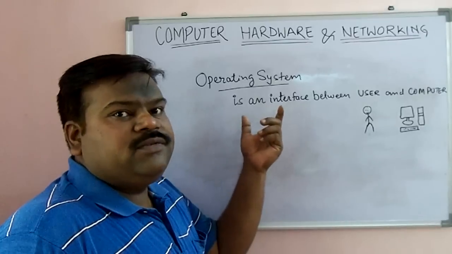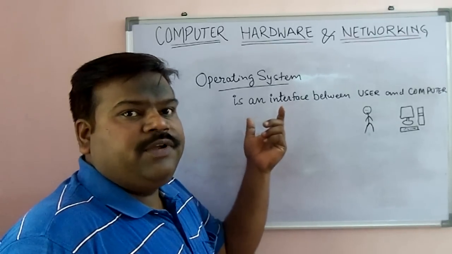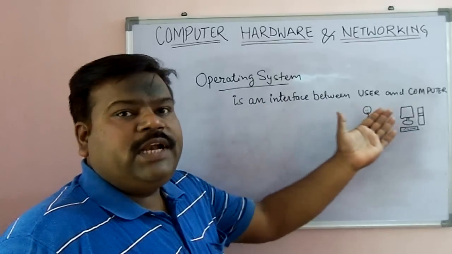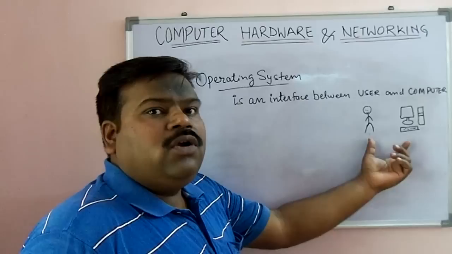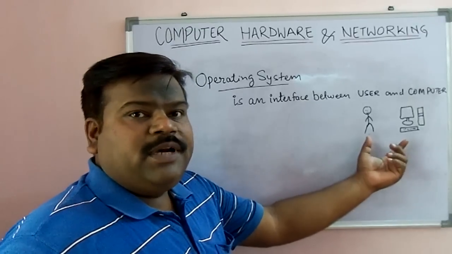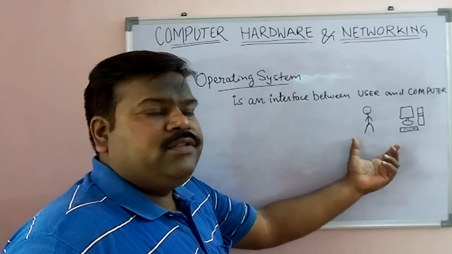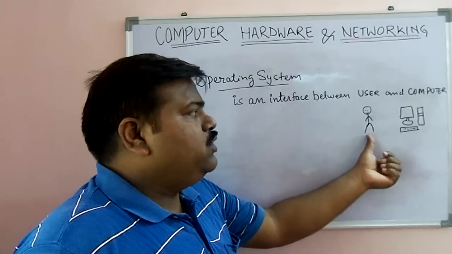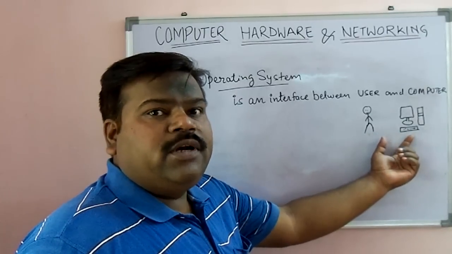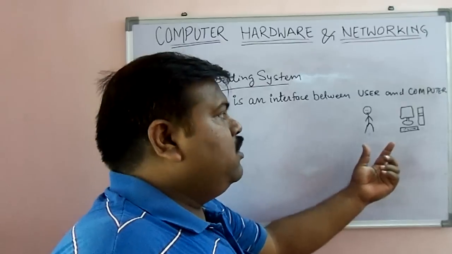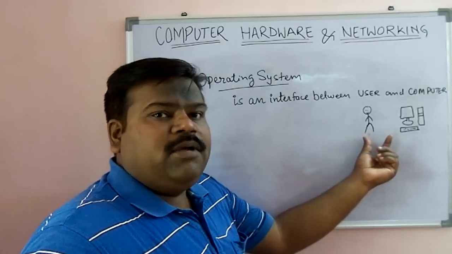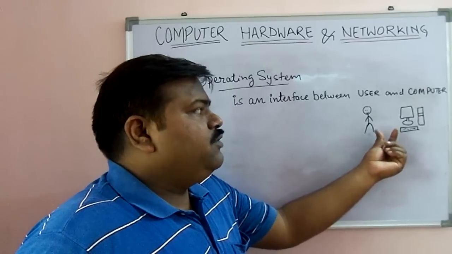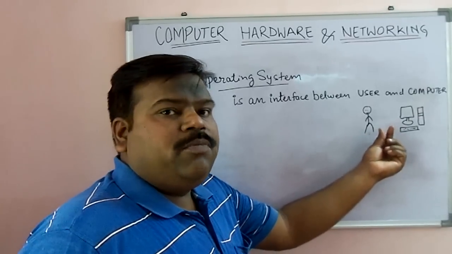Operating system is, as you all know, system software. Operating system is an interface between user and computer. What does the operating system do? It provides a platform for the user to interact with the computer. Like if we are giving a print command, then the user gives that instruction to the operating system.